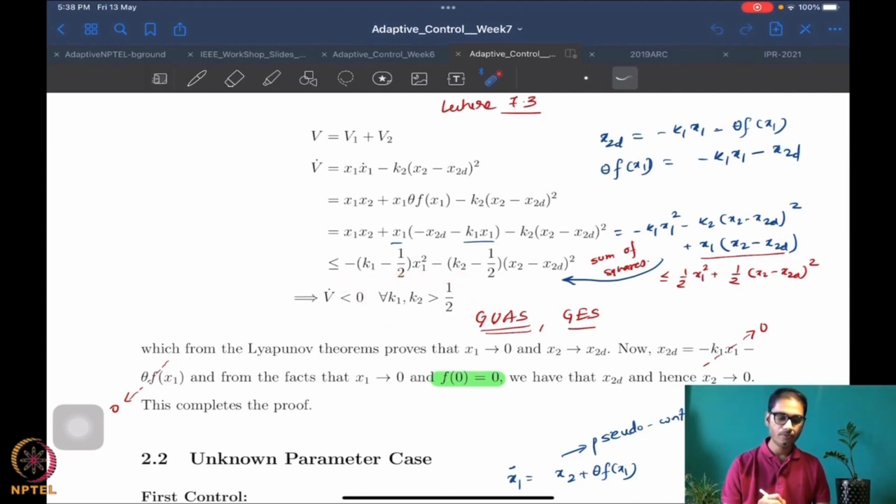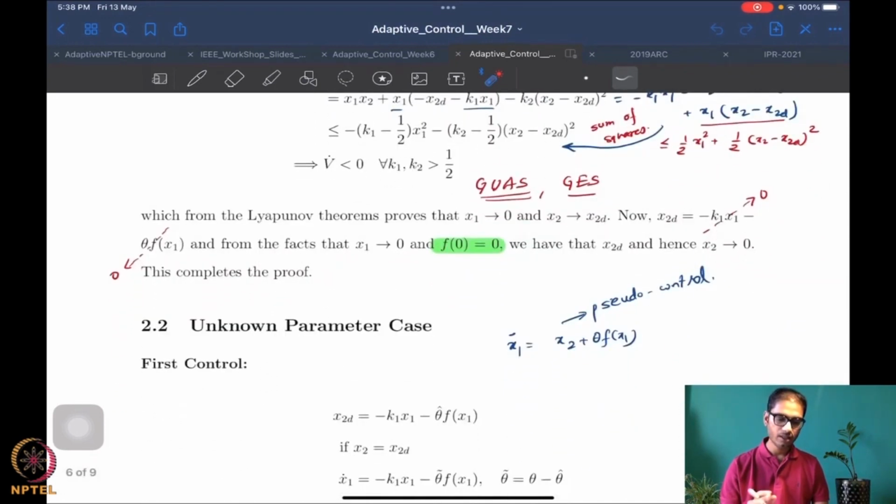So with this sort of analysis, of course, we can use a standard Lyapunov theorem to claim that all the states are stable at the origin, and of course reaching the origin asymptotically. So that is global uniform asymptotic stability, and in fact, in this specific situation, global exponential stability. All right, great.